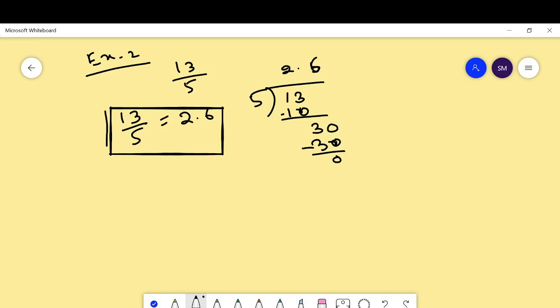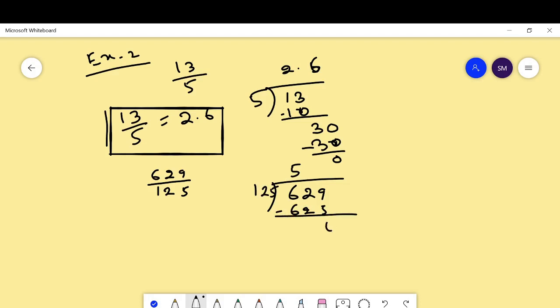Okay. Then next another number is given here. Suppose we are given 629 upon 125. Convert it into decimal form. Divide 629 by 125. 125 5s are 625.